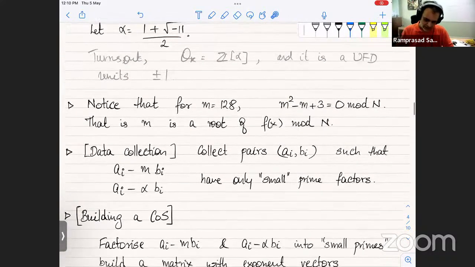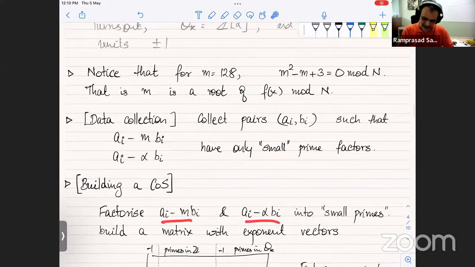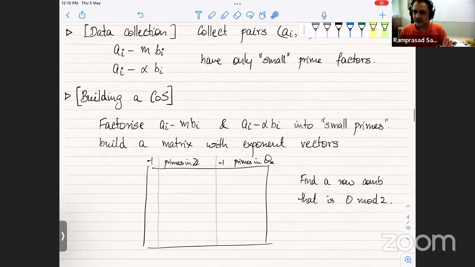Okay. So now we are going to try and factorize both of them, because I'm only picking up those a_i and b_i such that these two things, a minus m b_i and a minus alpha b_i, both happen to be smooth. So therefore they only have small primes. So we'll put them again into a matrix. But now we need to be a little careful.